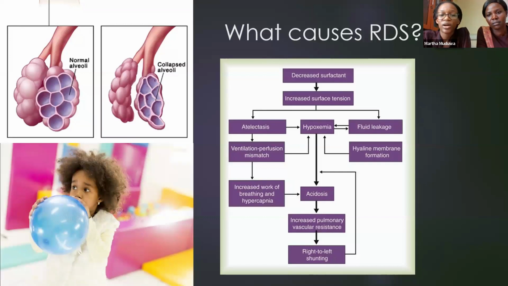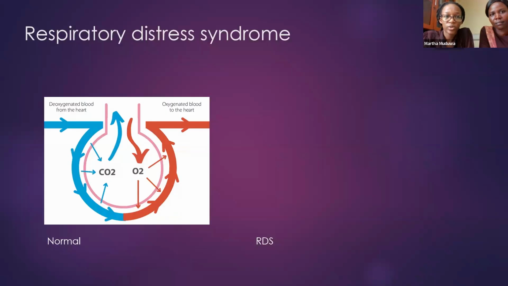And then you'll have a right to left shunt, and that means you just keep worsening this cycle of acidosis. So what you want to prevent during treatment of RDS, or what your goal is in a place where we cannot measure the blood gases, like in our setting, is you want to prevent hypoxemia and you want to prevent acidosis, because these are the ones that will lead to worsening of your baby's condition and maybe death of the child as well.